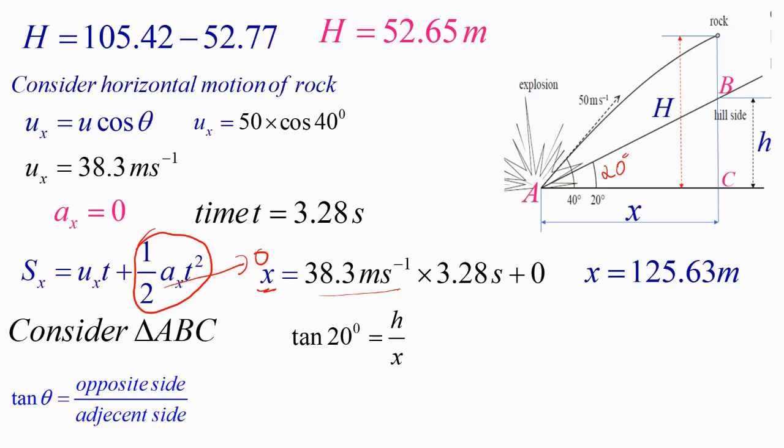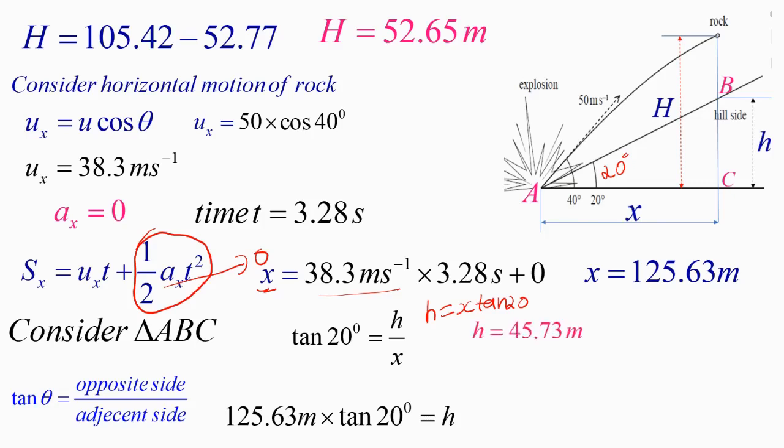From this expression we can find the value of h. H is equal to x into tan 20. We already know the value of x, that is 125.63 into tan 20, which is equal to h. So we can easily find that h is equal to 45.73 meter.